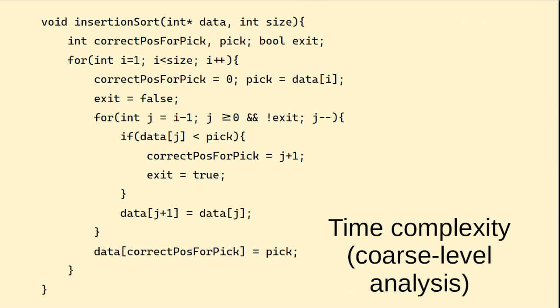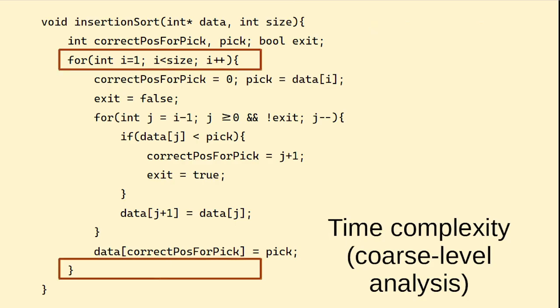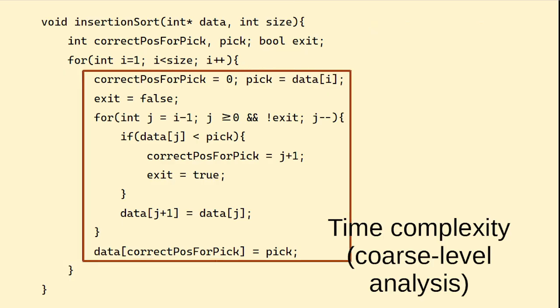Now let us look at time complexity from a top level or coarse level. The coarse level analysis is not concerned with the detailed or precise counts of the operations involved. Here the outer loop executes in sequence the entire logic of each pass of the algorithm.